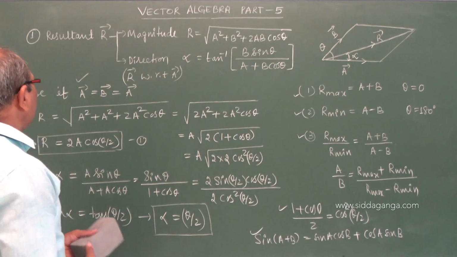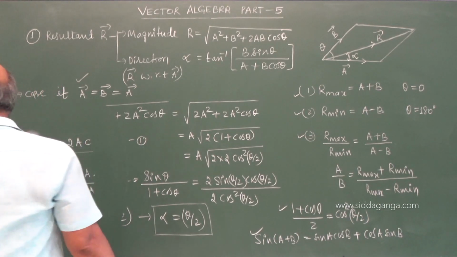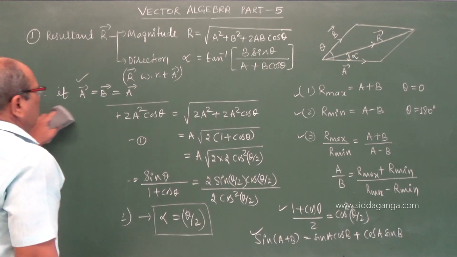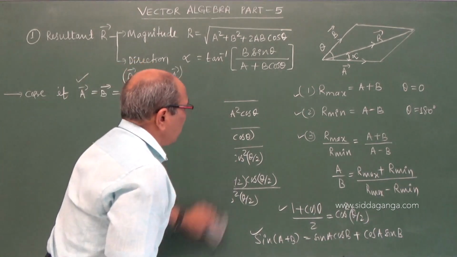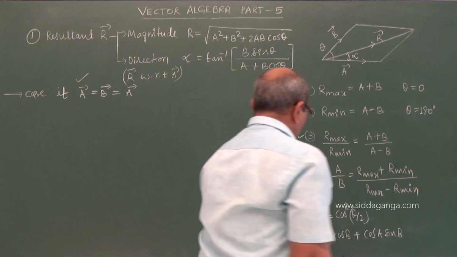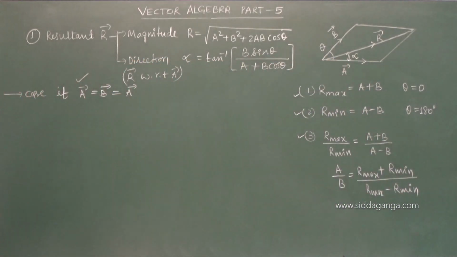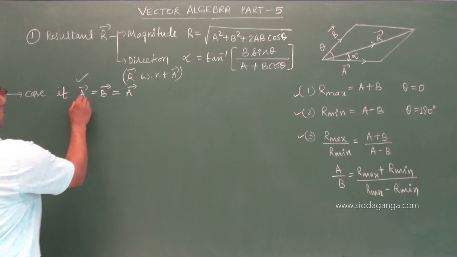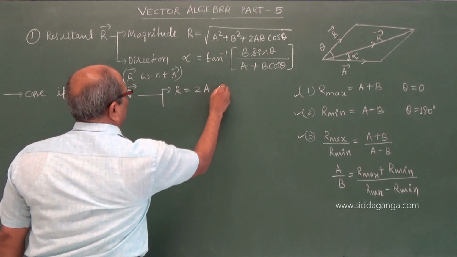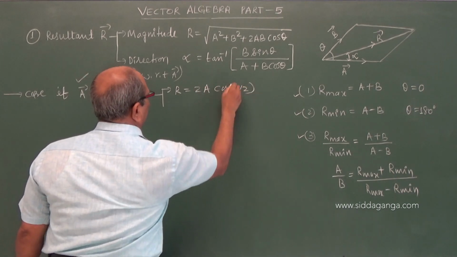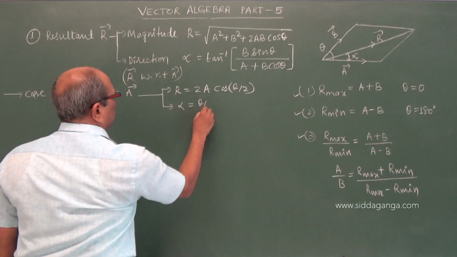What happens in special cases? Now we come to know that when a equal to b equal to a, the resultant becomes 2a cos theta by 2 and alpha is equal to theta by 2.